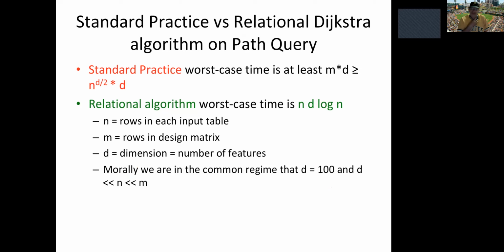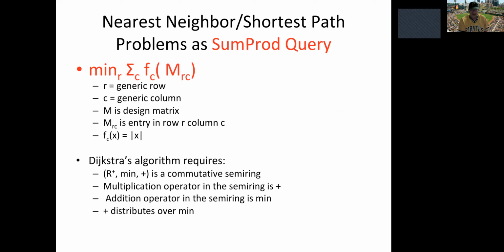One way to think about the shortest path problem is you want to take the minimum over all rows, or the minimum over all paths, of the sum of the costs over the edges. So one can express shortest path as a min-sum problem.